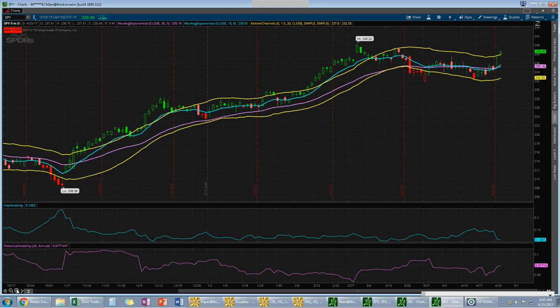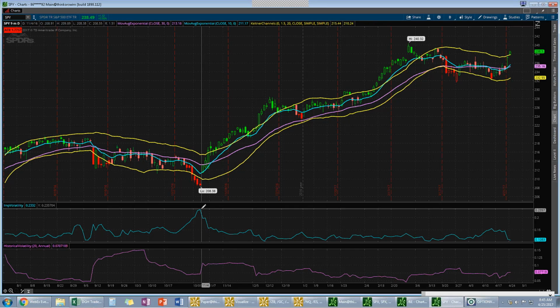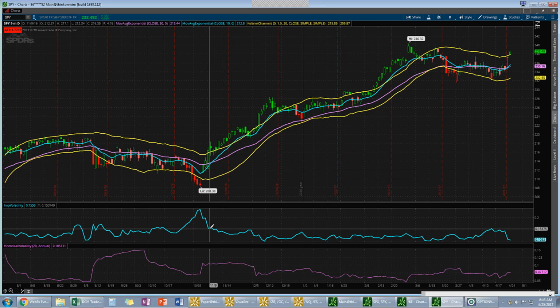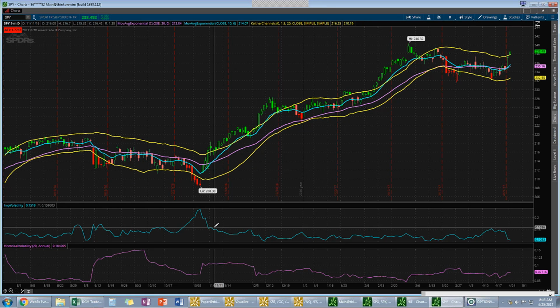If the volatility gets up, like say right here, for example, this is a risky trade, obviously. And if you had put one on right here, that would not have worked well. Yes, you would have gotten a lot of premium for your front leg, but you're just asking for trouble. You're just asking for the market to rally and the vol to come down, and you're going to be creamed.